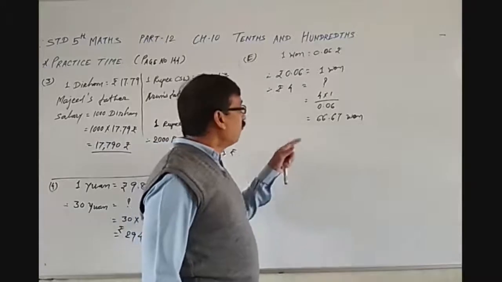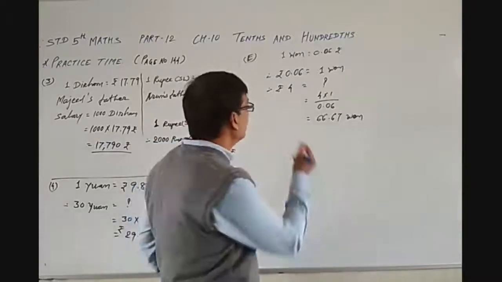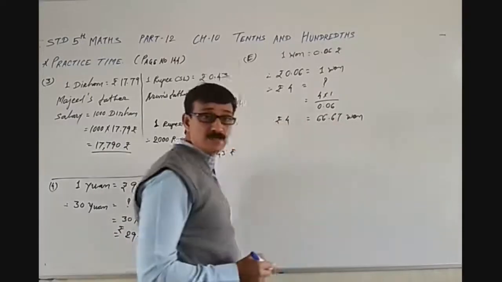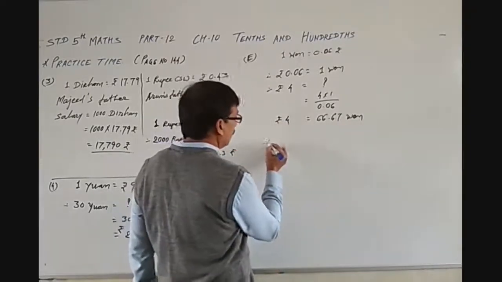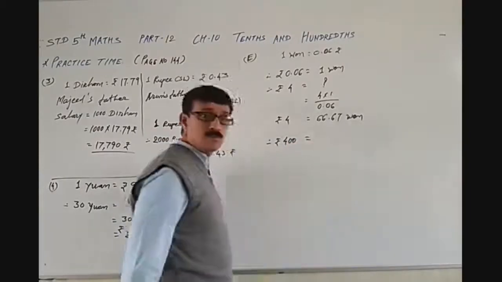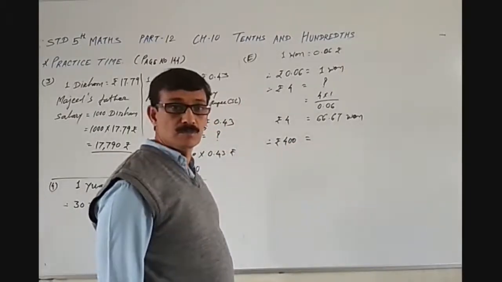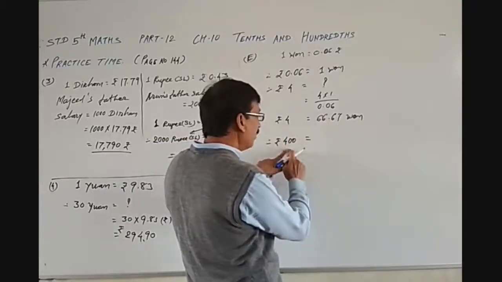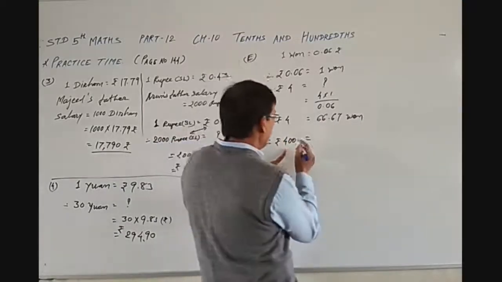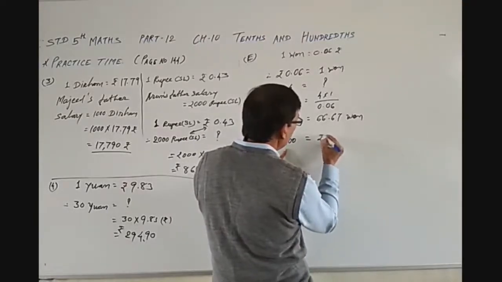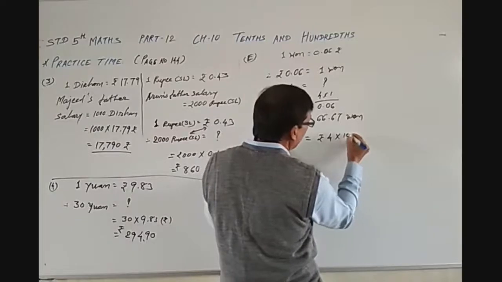Now for 400 rupees, see, rupees 4 is equal to this much. Then 400 rupees is equal to 4 multiplied by 100.